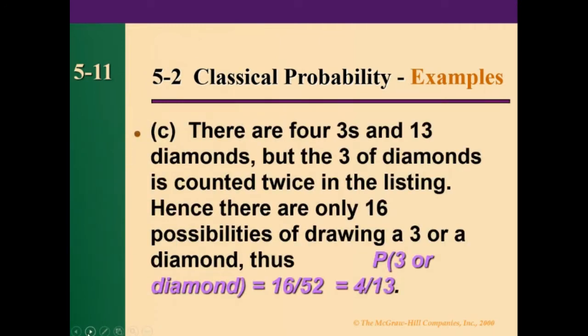For letter C, there are 4 threes and 13 diamonds. But the three of diamonds is counted twice in the listing. Hence, there are only 16 possibilities of drawing a three or a diamond. So 16 over 52 or 4 over 13.